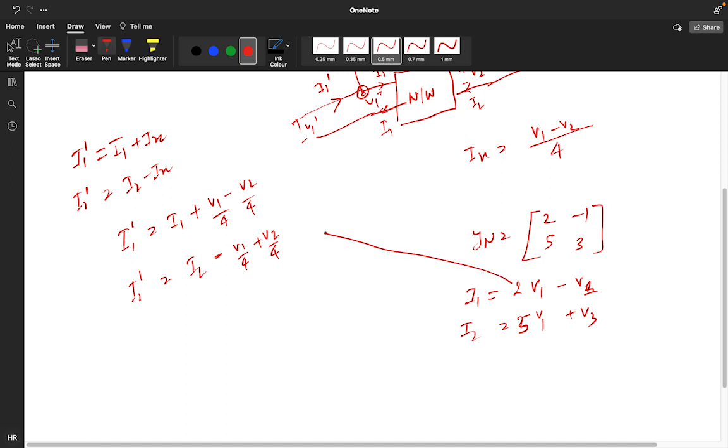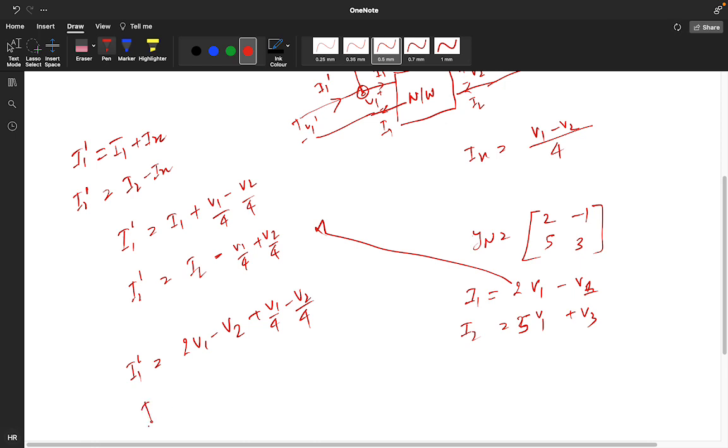Substitute this: instead of the I1 value you write 2 v1 minus v2. So I1 dash is equal to 2 v1 minus v2 plus v1 by 4 minus v2 by 4.